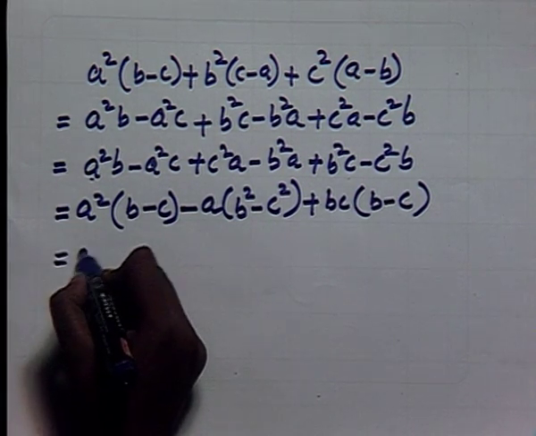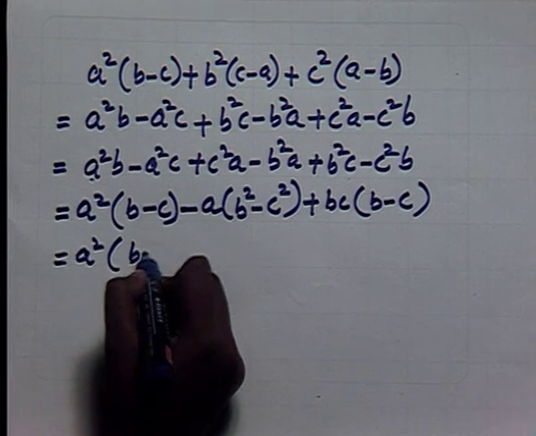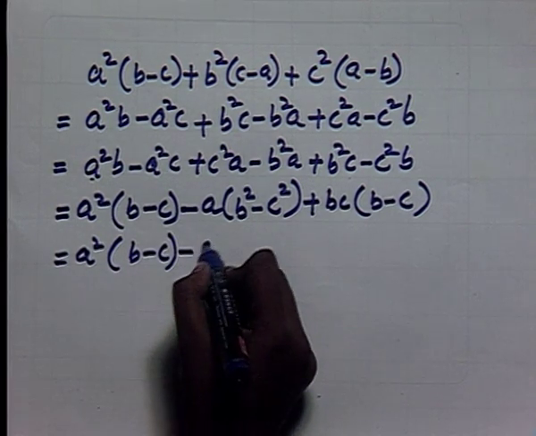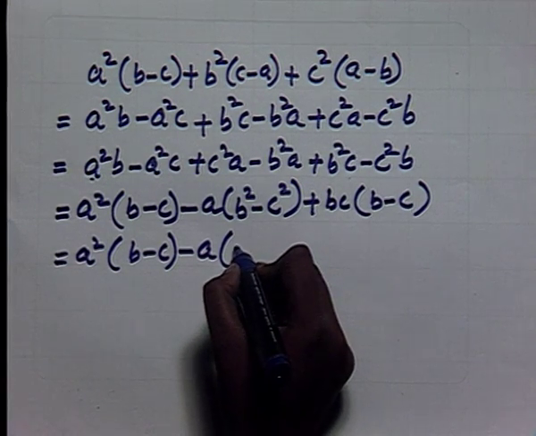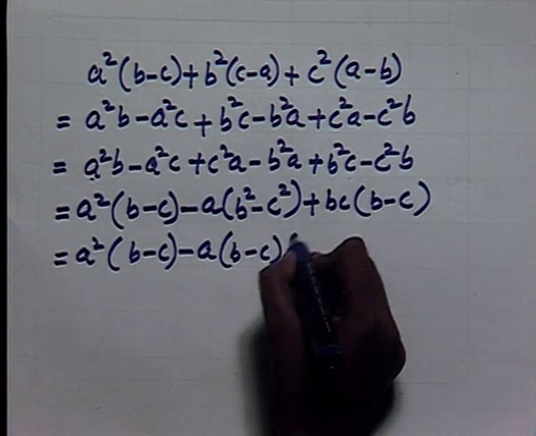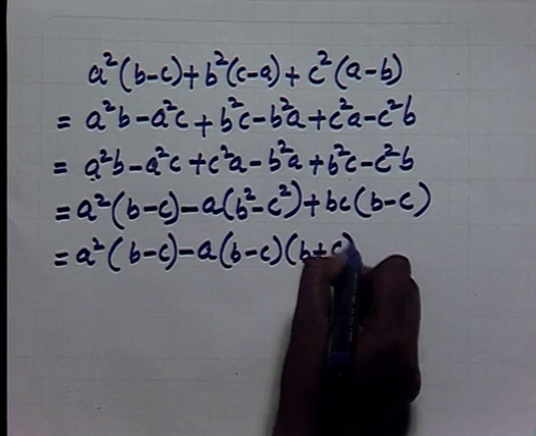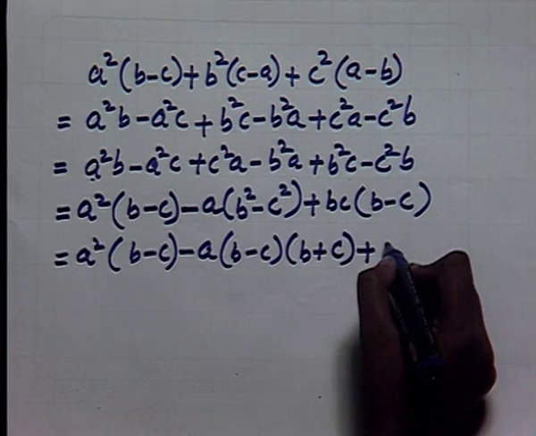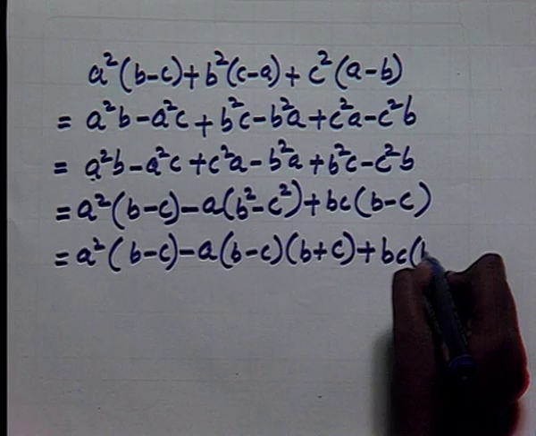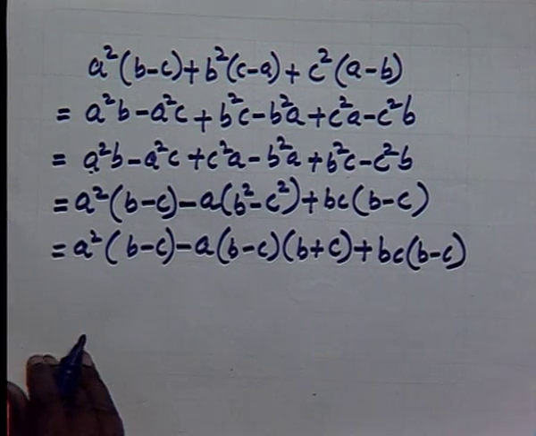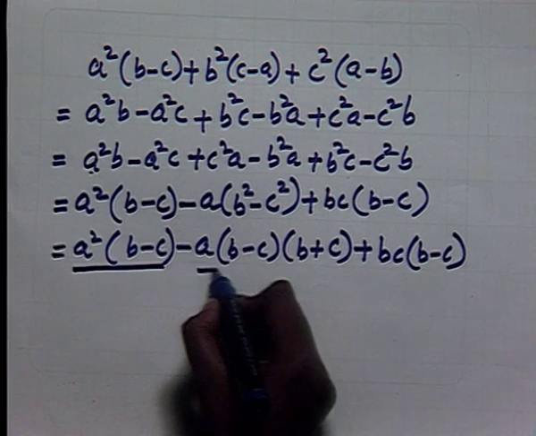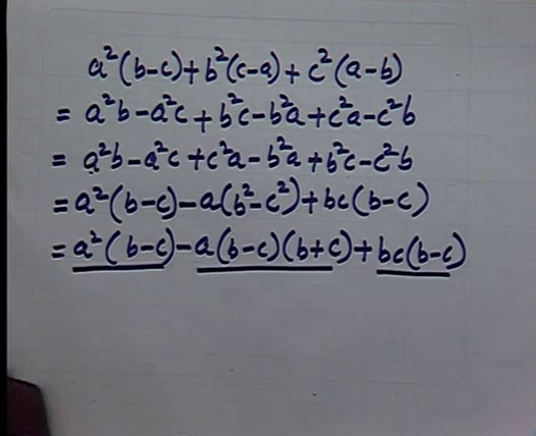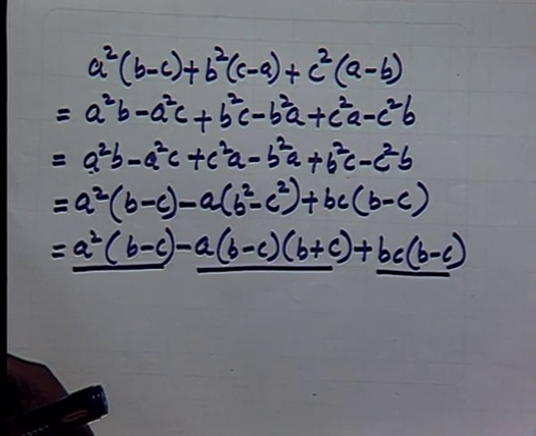This can be further written as A square into B minus C minus A, and B square minus C square can be further factorized as B minus C into B plus C, plus this term as it is B C into B minus C. Now, you can see that in this term and this term, B minus C is common.